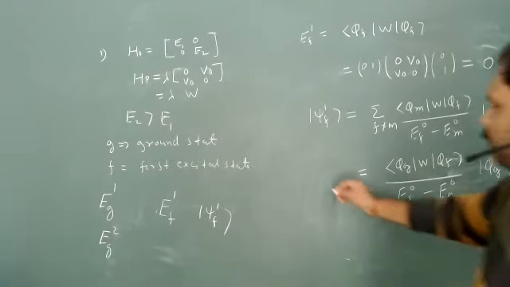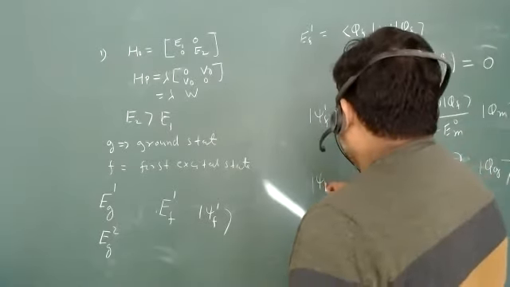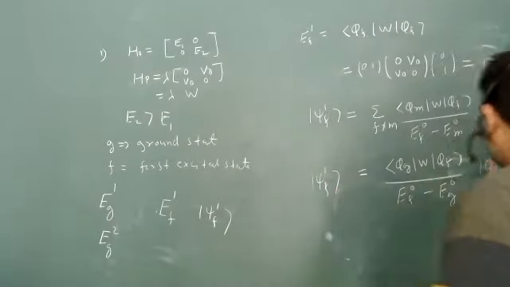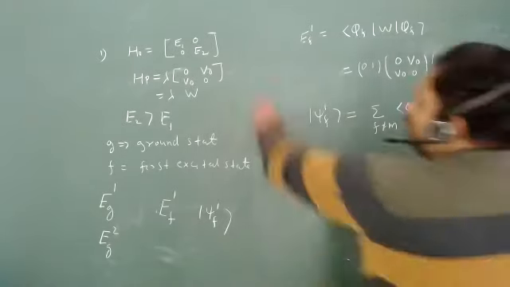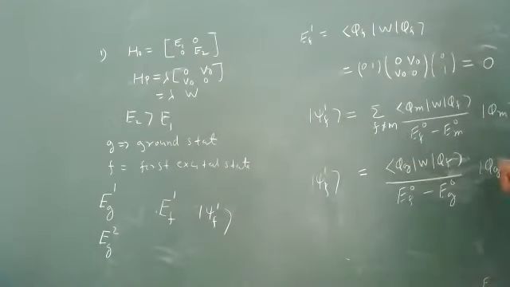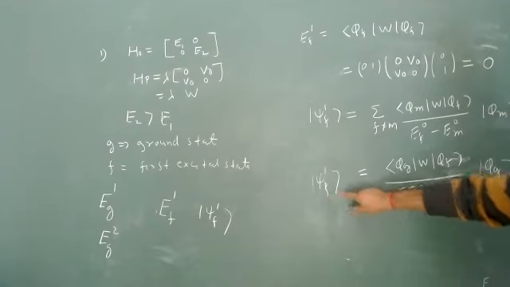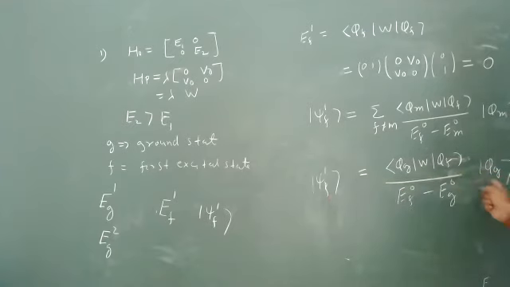So you can see that we have written this thing in a basis of phi 1, phi 2, phi 3, or the eigenstates of the original Hamiltonian. Are you getting this thing? This is just a number. So we are writing this in terms of proportionality.